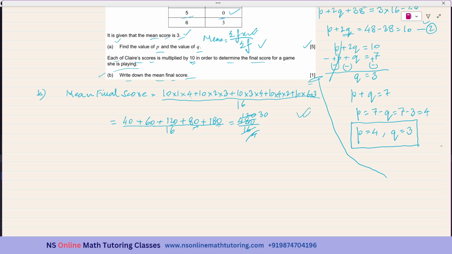And you have to do these steps in case you do not know how the mean value gets affected when each score is multiplied by some number. Okay. So mean final score is equal to 30.